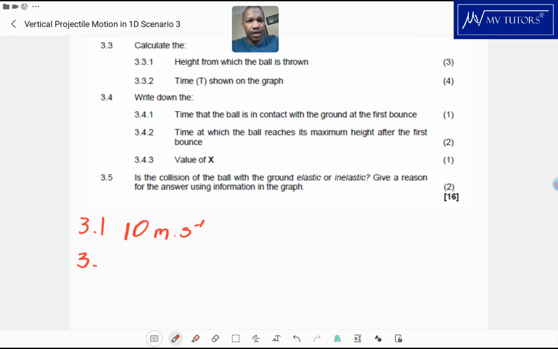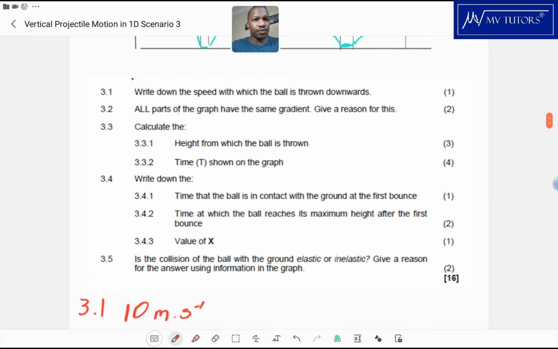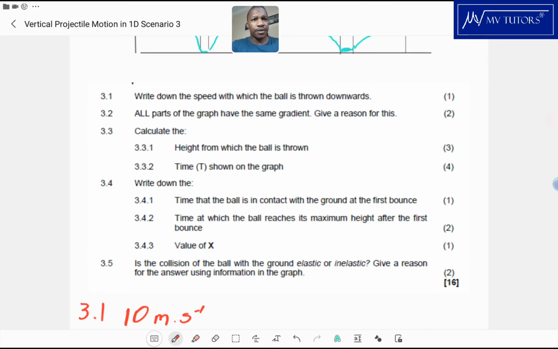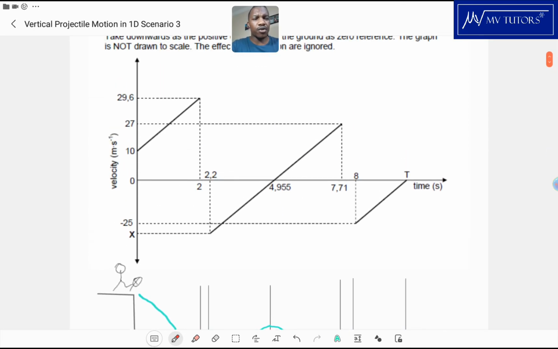Okay. And then 3.2, all parts of the graph have the same gradient. Give a reason for this. The reason they have the same gradient is because the gradient, first of all, let's start here.